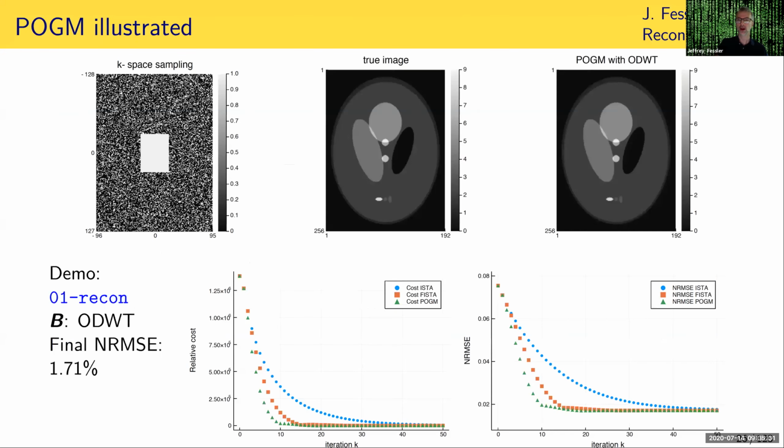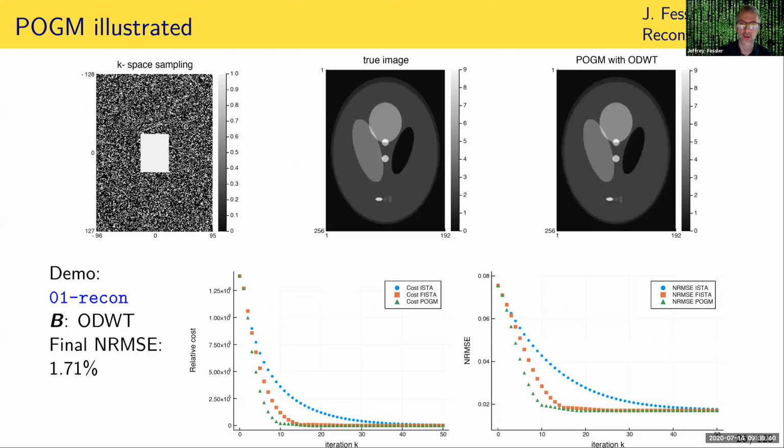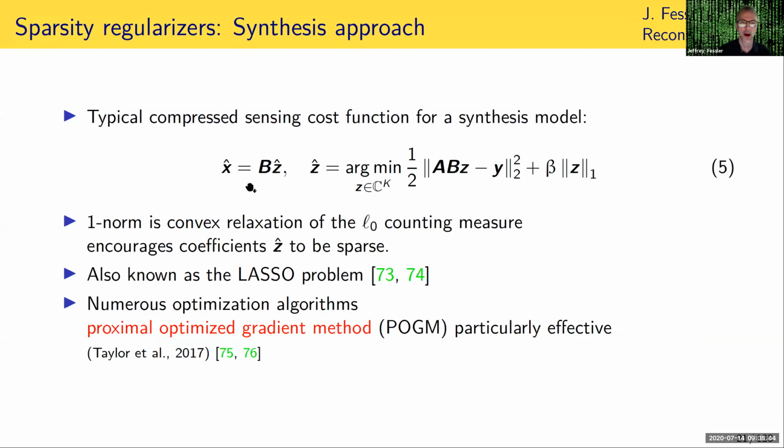And so that's a great lead into, everything I just described was focusing on synthesis-based sparsity. Oh, and I should have mentioned, I'm sorry, I forgot to say one thing about this. A drawback in my view of the synthesis form is that your final image is going to be in the span of your matrix B. So you have to really believe that you have a reasonable basis, an overcomplete dictionary, such that a linear combination of those columns can represent the image that you want.